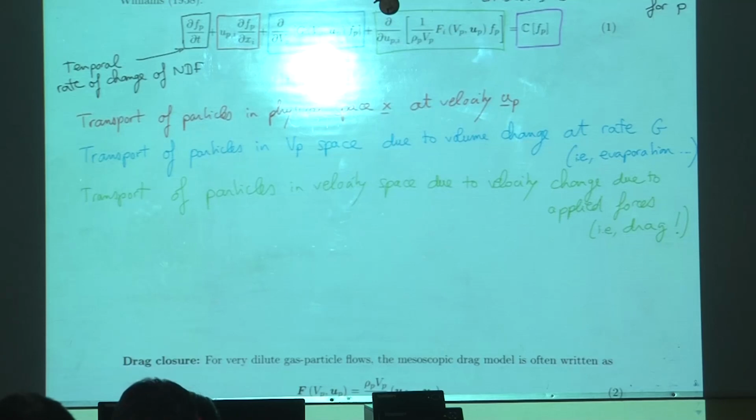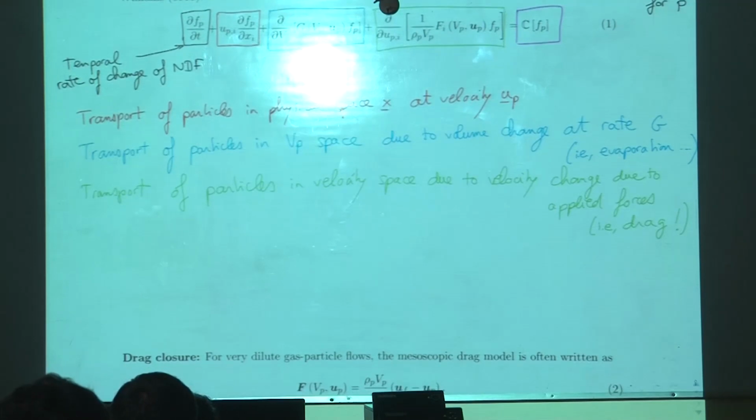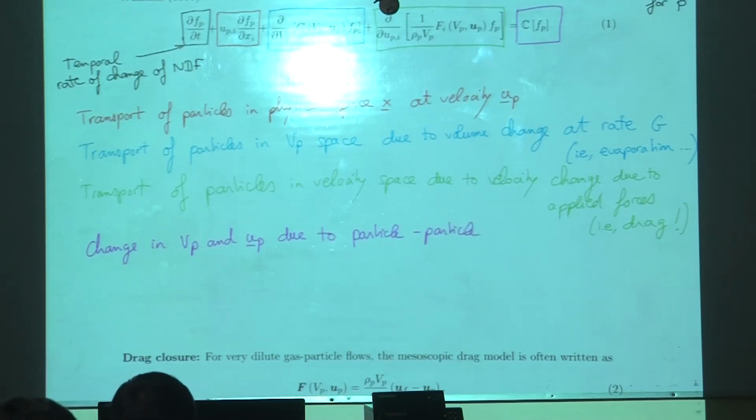So for example, we could have here an agglomeration model. So we would have a certain probability at which particles present at the same location would merge together into one larger particle. So in pink here, this is the change due to particle-particle interactions.